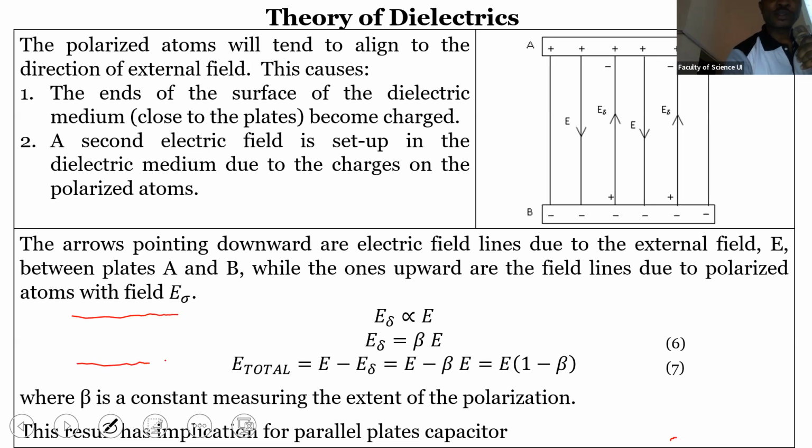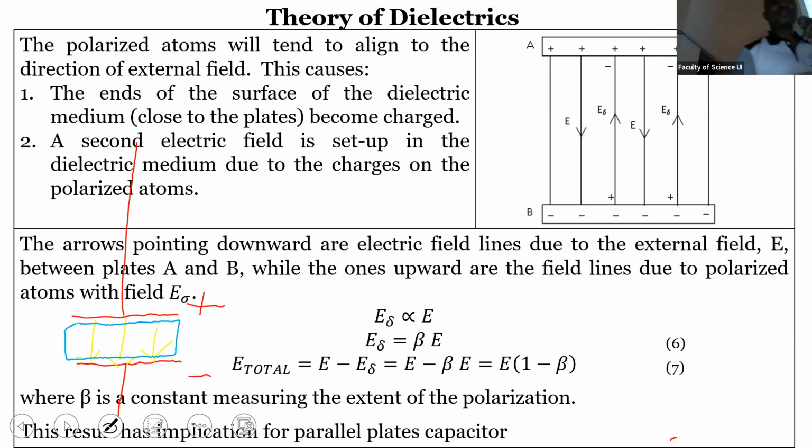So these are two plates. This is positive, and this is negative, and the field lines are pointing downwards as expected. But now we have a situation where an insulator, a dielectric, is inserted in between the plates.